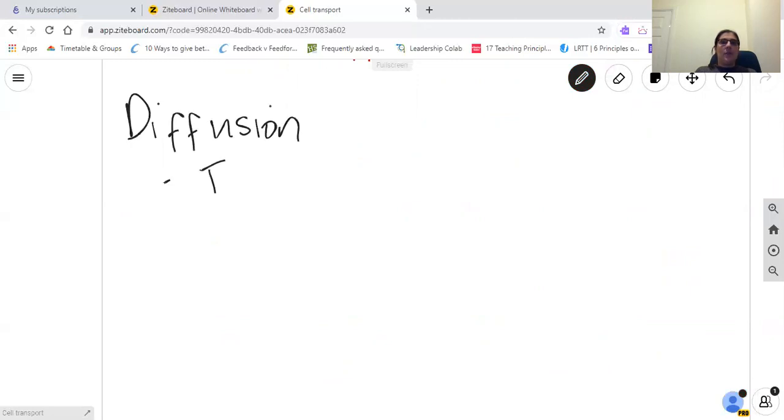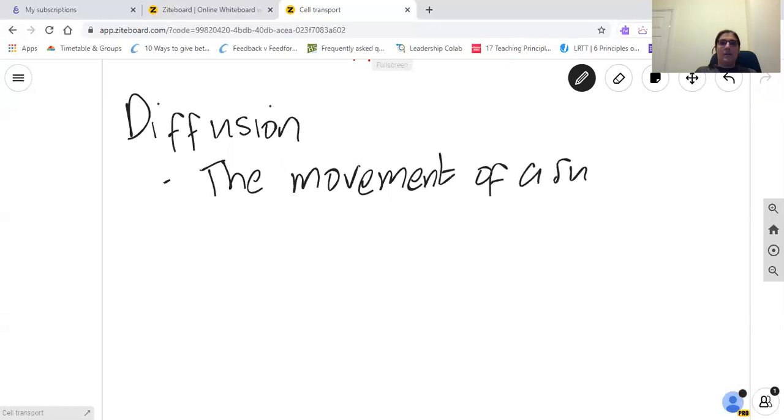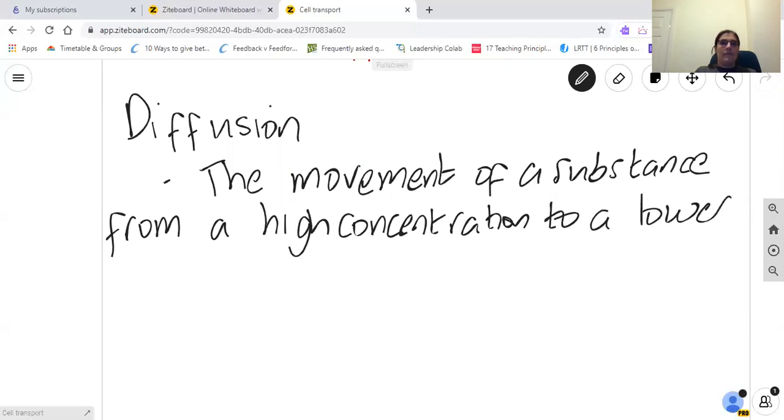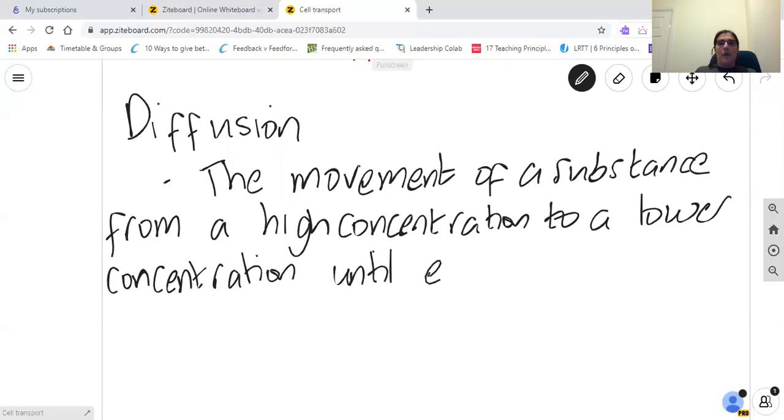So diffusion is the movement of a substance from a high concentration to a lower one until equilibrium, which means until the concentrations are equal on both sides.